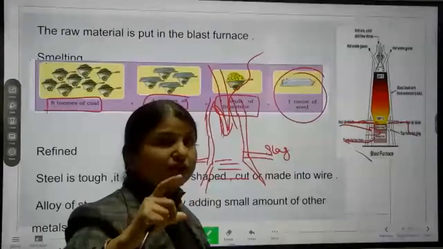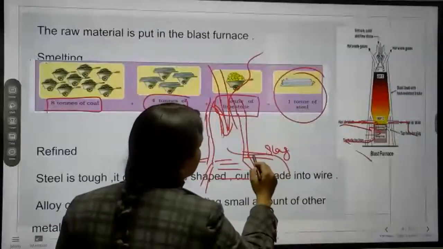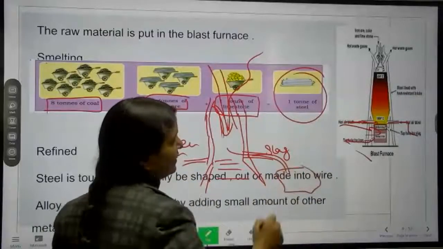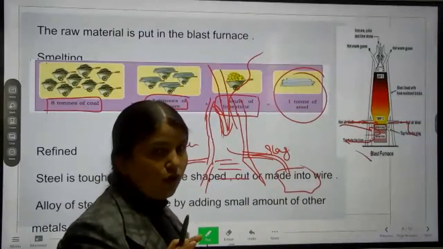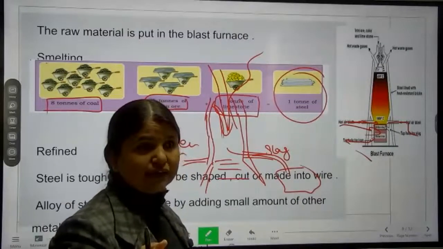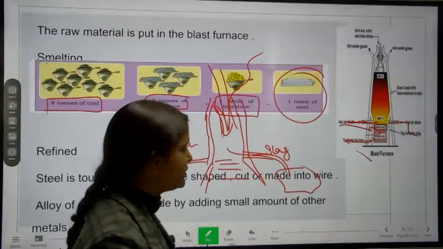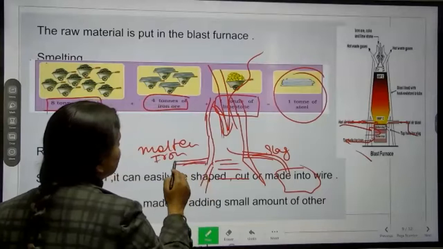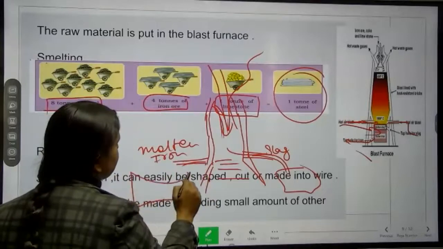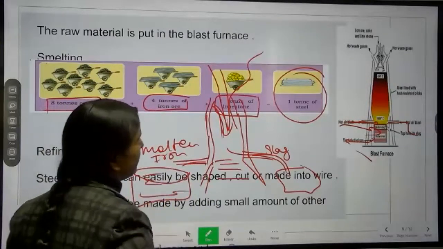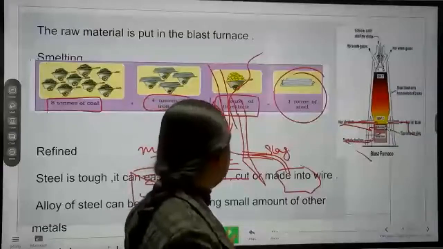Just like कहते जो कचरा होता है, along with the sludge it will come out, they will collect it here, and in that also many other raw materials are there which are separated afterwards. And from this side, where molten iron is, from there they get the raw material. Understood?